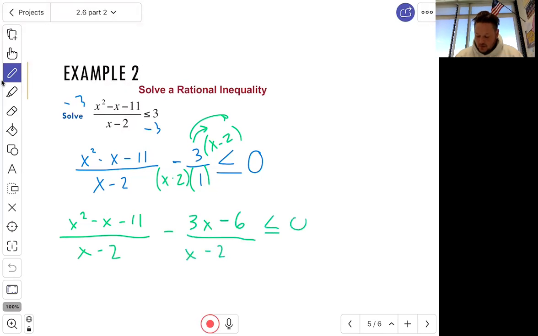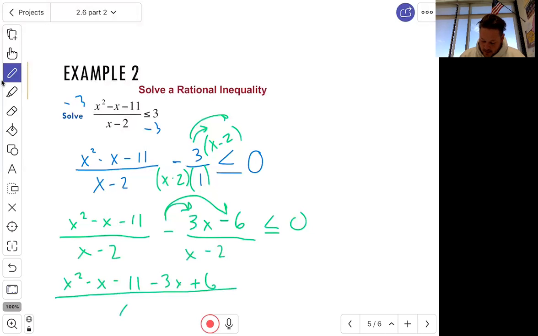It's all less than or equal to 0. I like to distribute this negative. So then we're going to have x squared minus x minus 11 minus 3x plus 6 all over x minus 2 is less than or equal to 0.